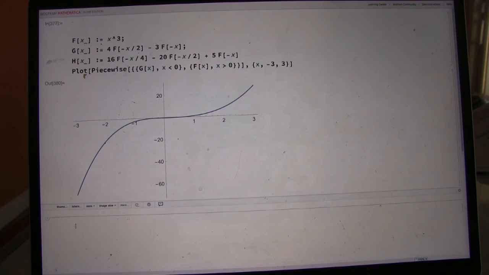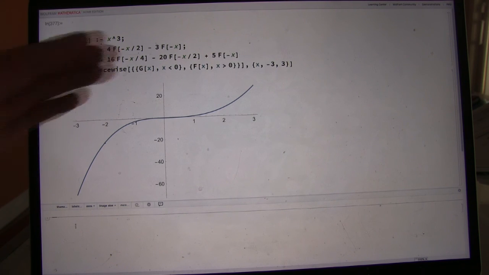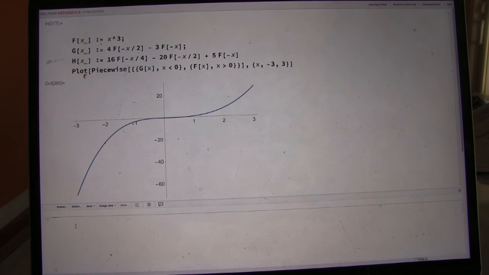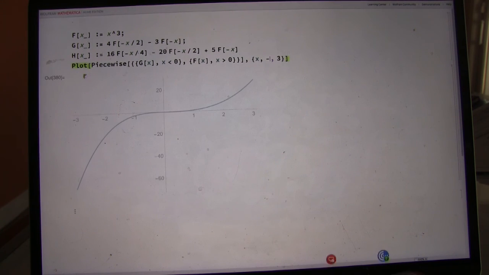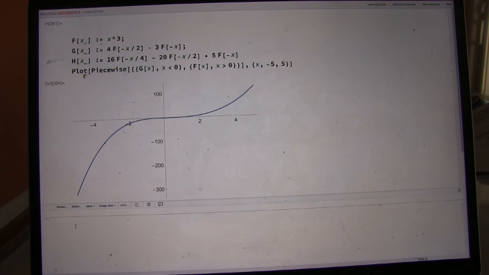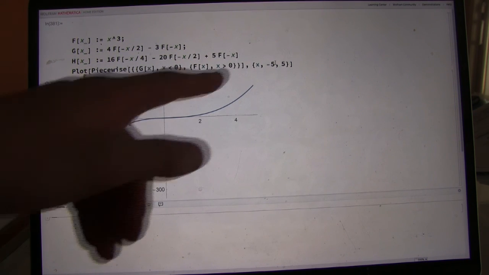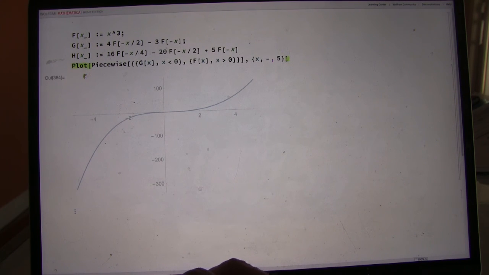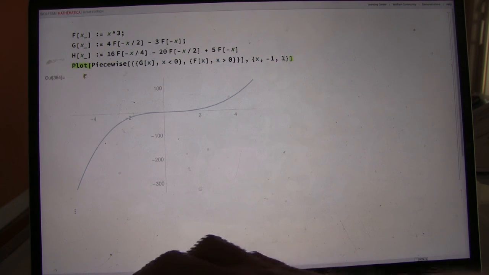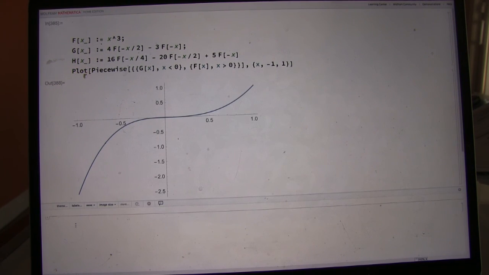This still looks like a pretty good reflection, but again, like the e to the x one, it's going down faster than the original function is going up. Maybe if we go from minus 5 to 5, it looks about the same. It looks like it's going down roughly 3 times as fast as it's going up. Interesting observation. At every scale it kind of looks the same.